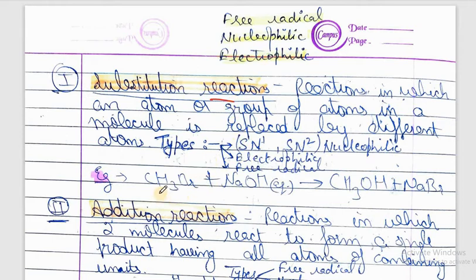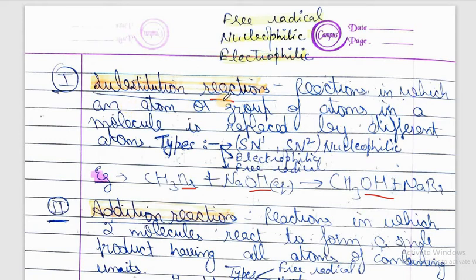Like in this example, CH3Br with aqueous sodium hydroxide, Br is substituted with the OH group. So it is a substitution reaction, or a replacement reaction.